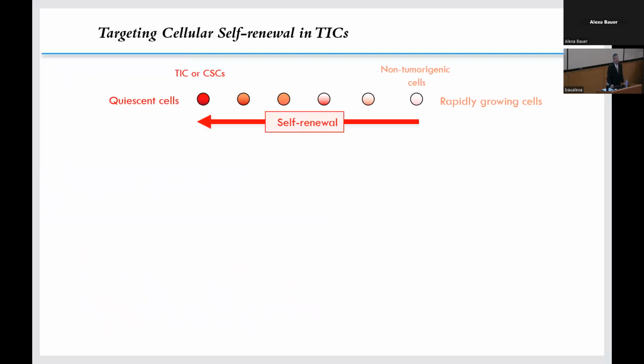What we think is happening with BMI1 is that it regulates self-renewal at the tumor initiating cell level. And I don't see this as a one type expression, but rather a gradient. There are many pathways and factors involved.